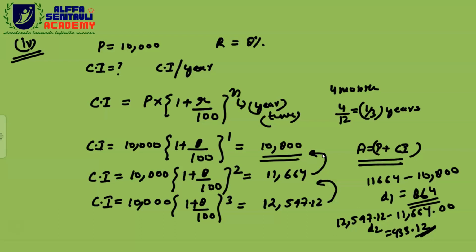Right, beta, because the common difference is not constant. Why is it not constant? Because of the time, because of the formula itself. So this CI is not in AP, correct?